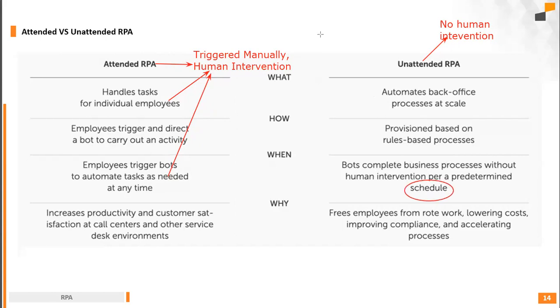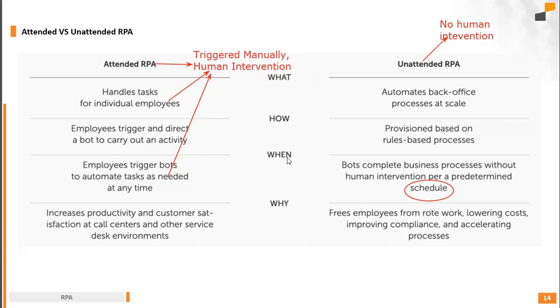So that is why you need to understand the difference between attended and unattended. It's a very important and very basic thing. Based on that, we differentiate attended and unattended.